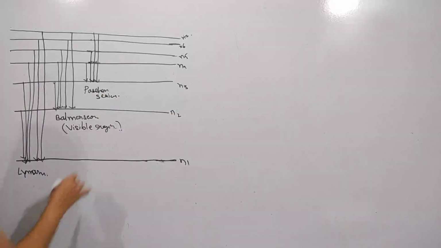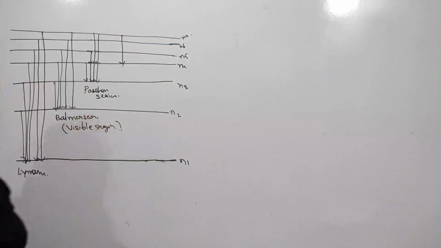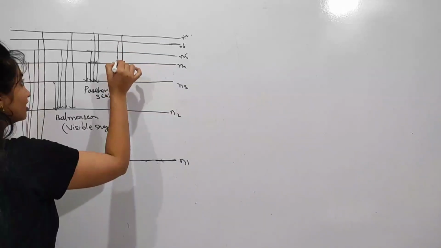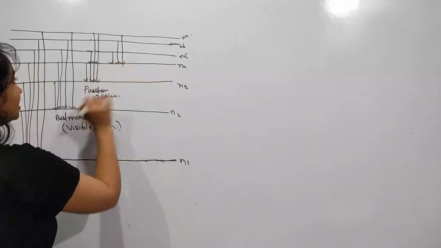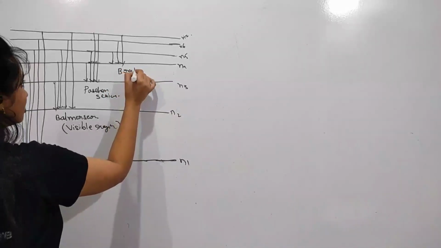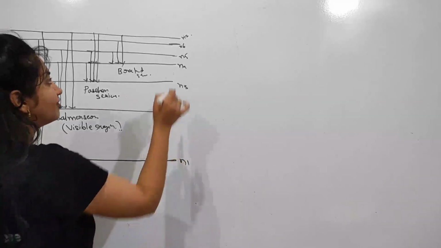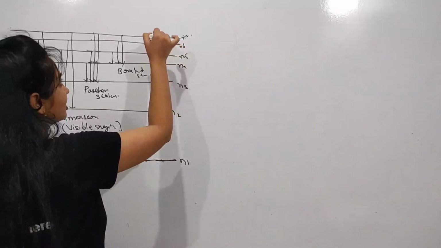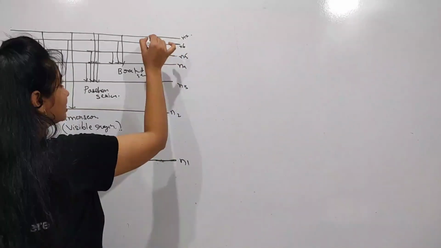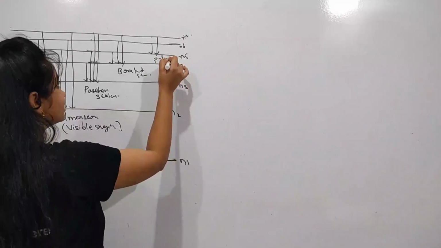And the next one is the Pfund series, higher energy to n5, the lower energy level.